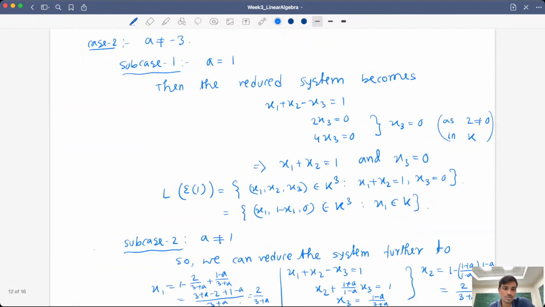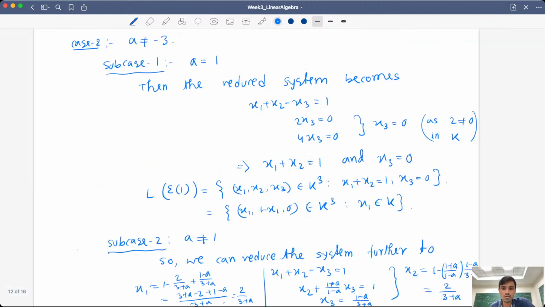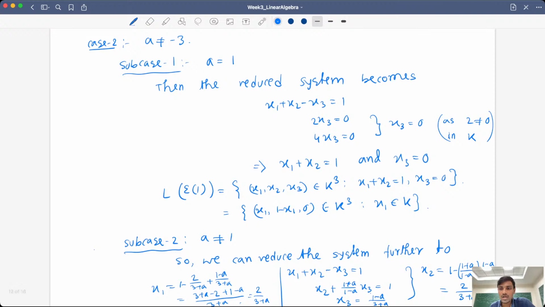So you don't have to consider that separately. I also thought you should consider that case, but it is not needed, it is already included in this case, whenever a is not equal to 1 or minus 3. You only need 3 plus a to be invertible, and 1 minus a you can also invert. The coefficient of x2 is 1, so you only need invertibility of 1 minus a and 3 plus a.